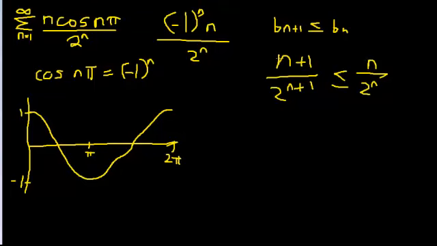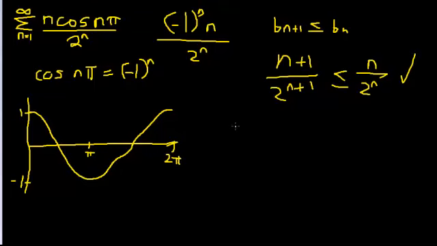If we put n as 2, that would be 3 over 8 compared to 2 over 4, which is less than, and so on and so forth. So we know this is true.